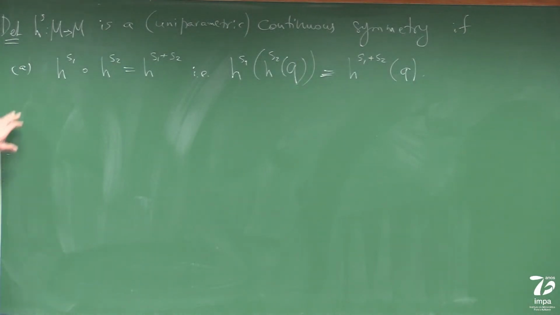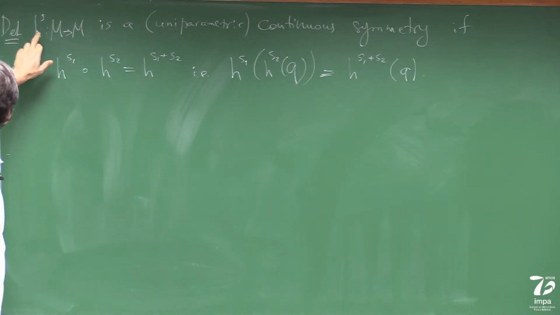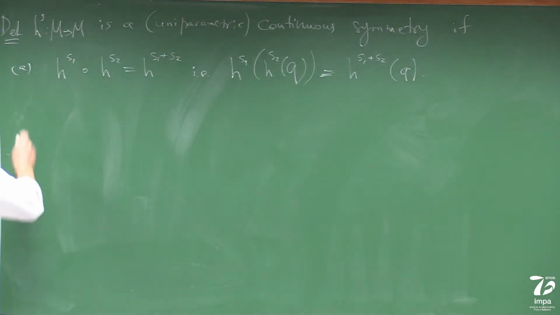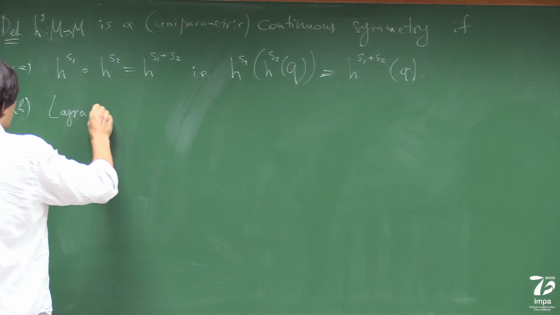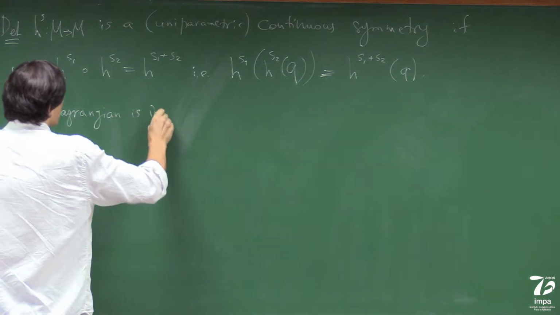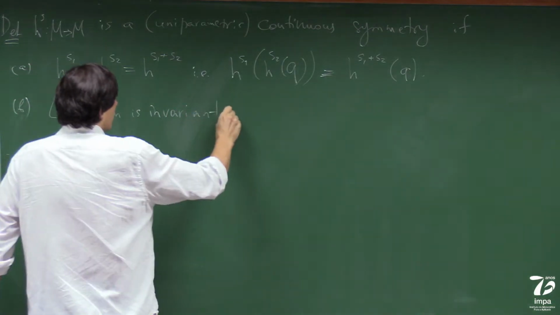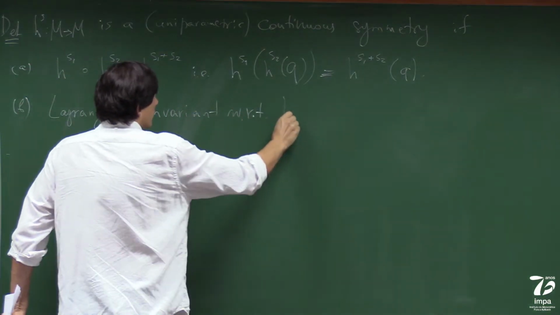So that's already okay. So the family of diffeomorphisms with this property, and the second property is that the Lagrangian is invariant with respect to any h_s.